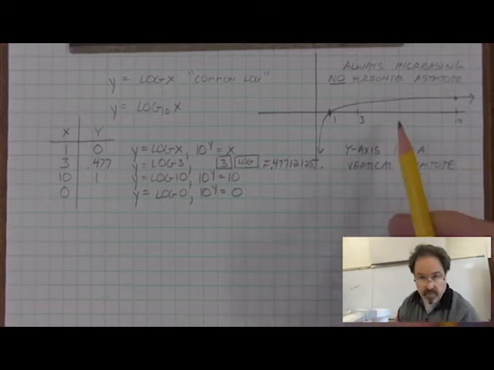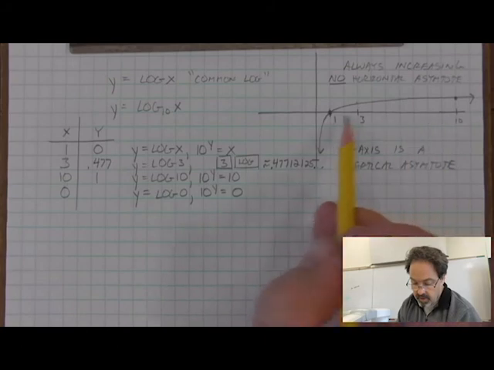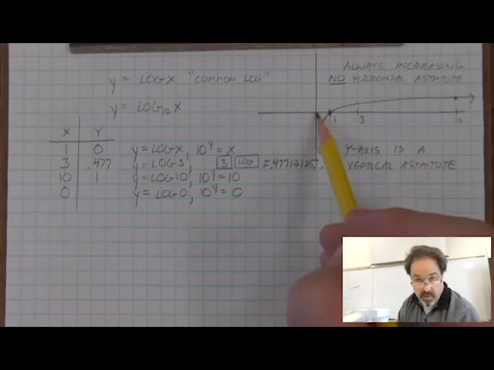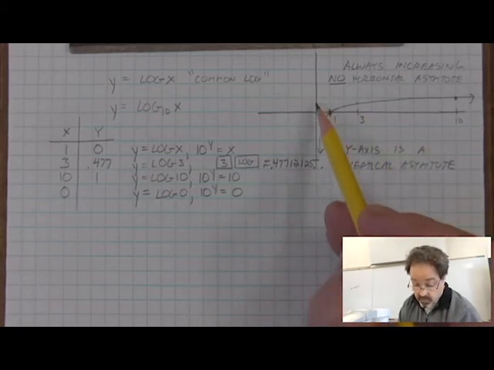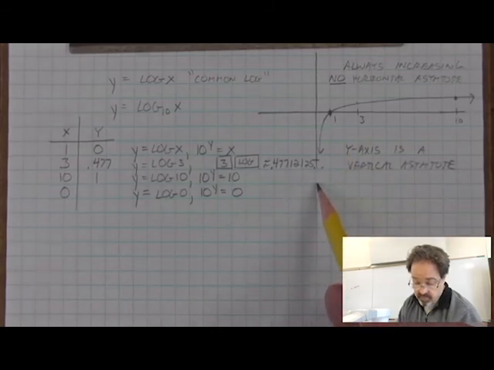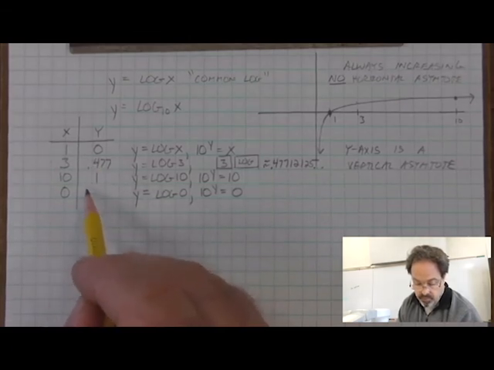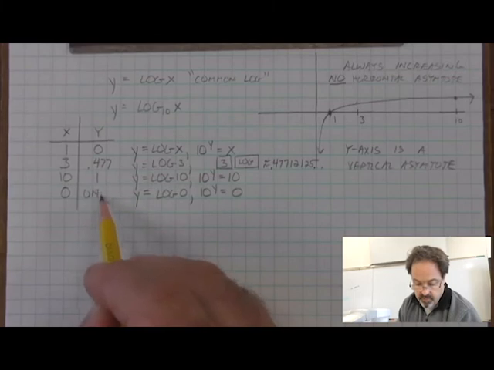That means that if we were to look at where the graph has a value when we put in x is equal to 0, it doesn't. The graph constantly approaches the y-axis but never gets to it or intersects. So there is no log of 0, and we would say it's undefined.